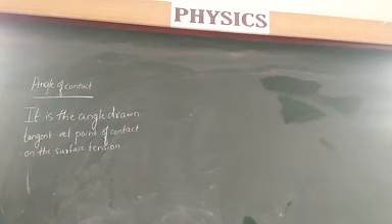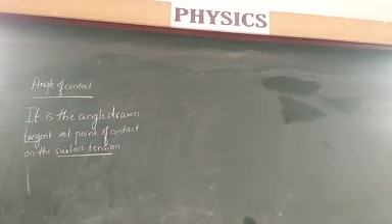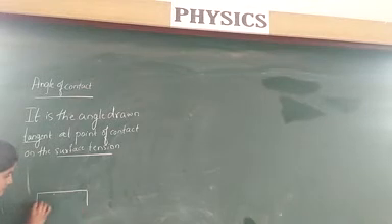The angle of contact means the angle drawn from the tangent at the point of contact on the surface. Then we are calling it what? Angle of contact.